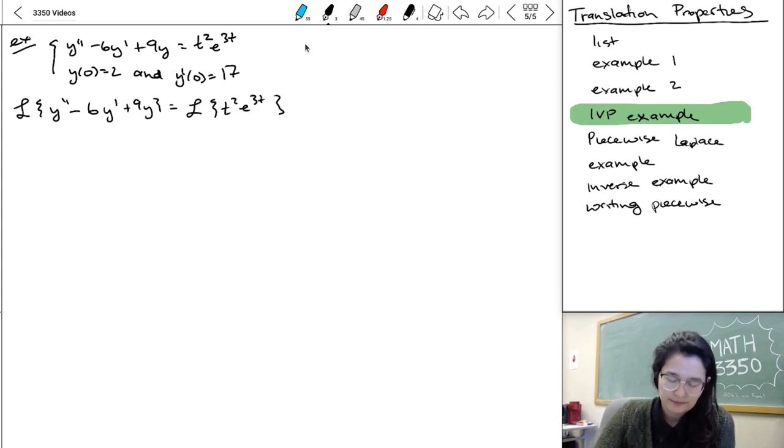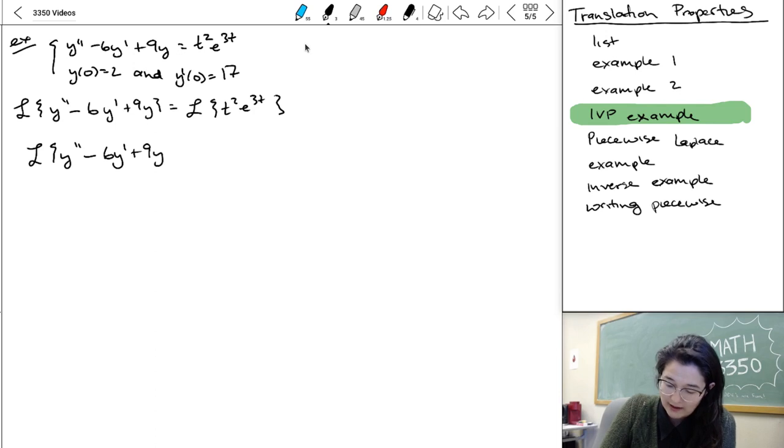as we go. So for the left side, I'm computing L of y double prime minus 6y prime plus 9y.